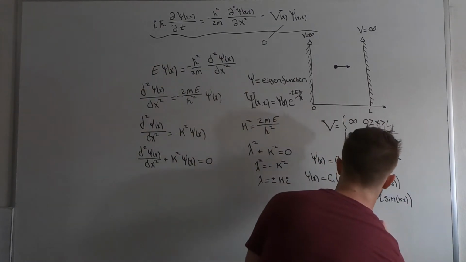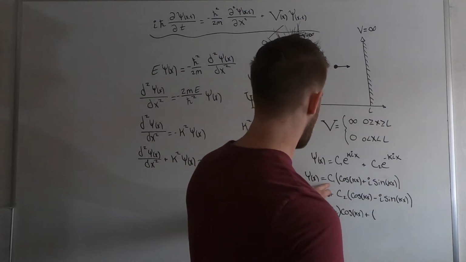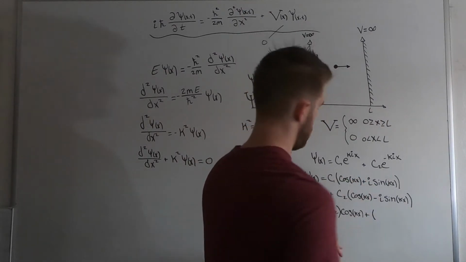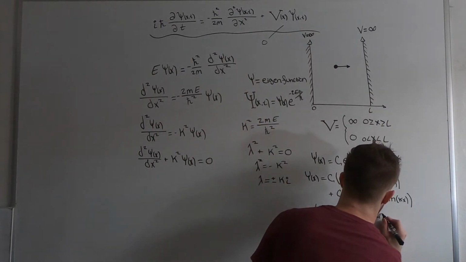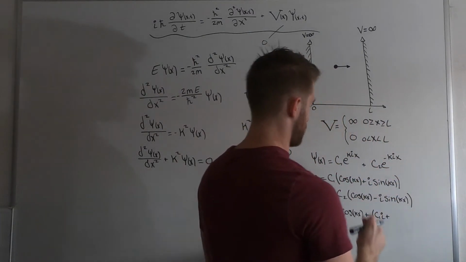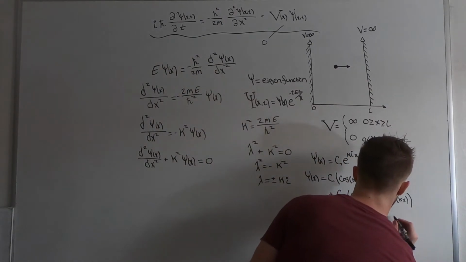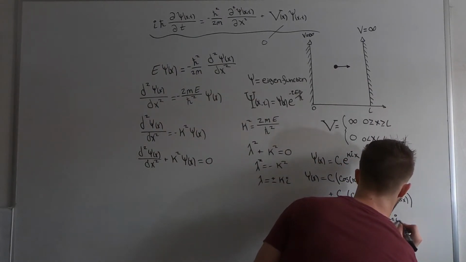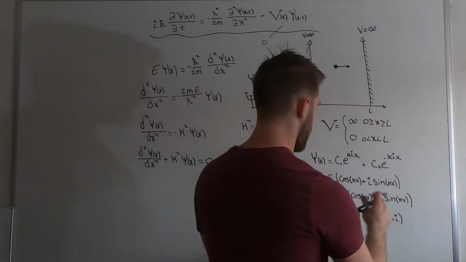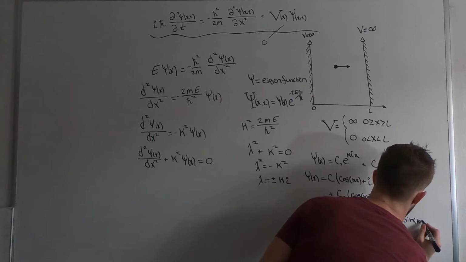And this is added to C1i minus C2i times sine of kx.